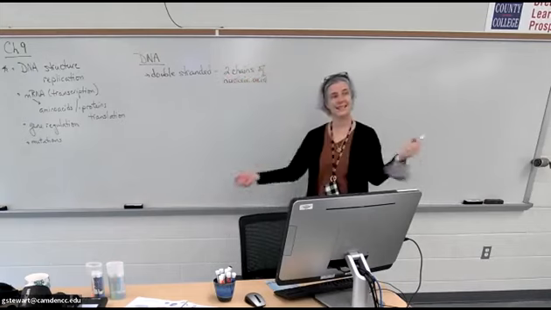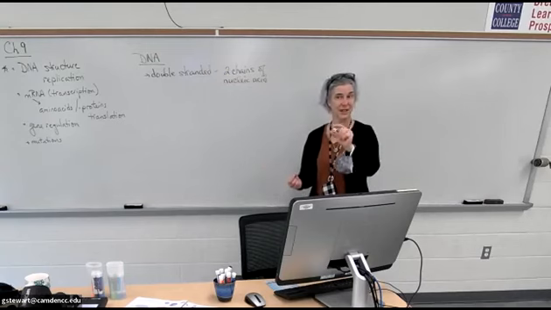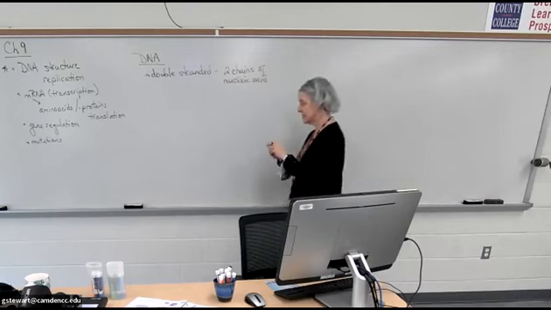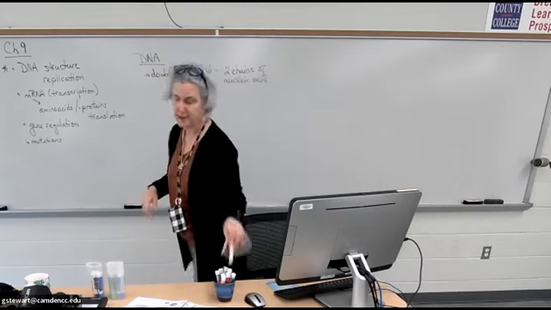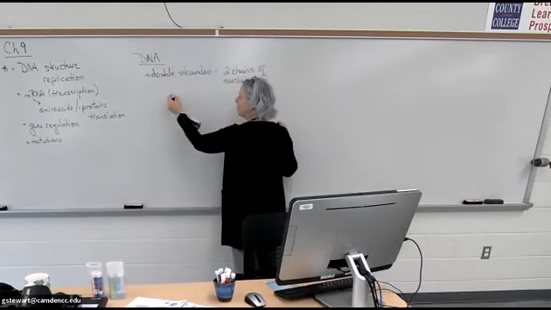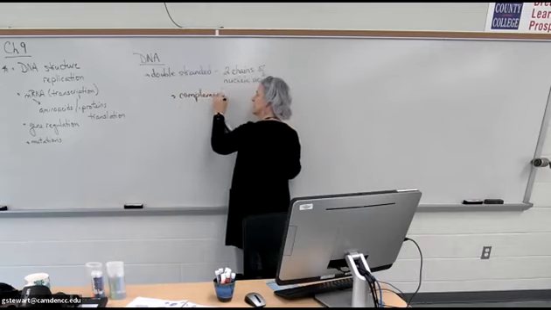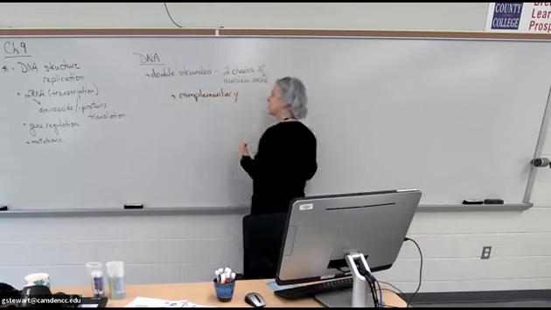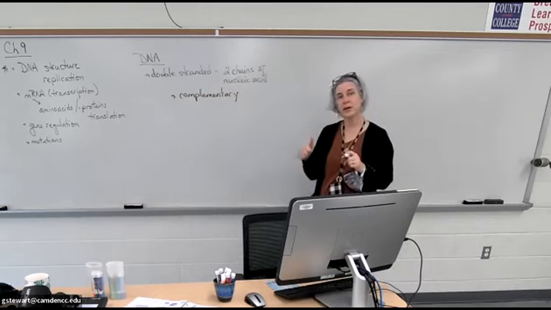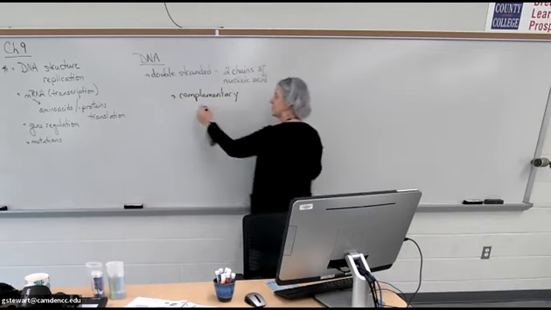Remember, the nucleic acid is the chain, the nucleotides are the individual building blocks, right? So we say it's double-stranded. This is often where we mention that these strands are complementary, right? Meaning a purine always pairs with a pyrimidine.